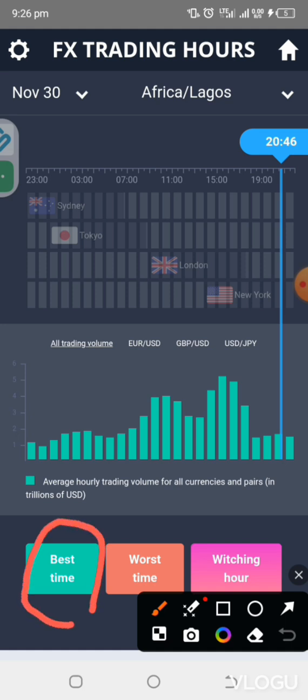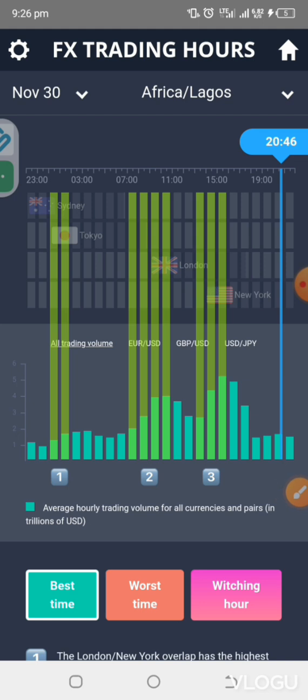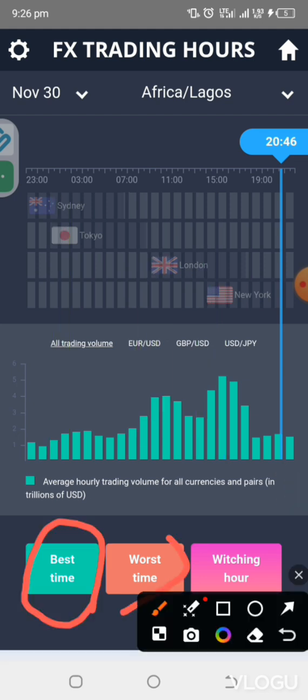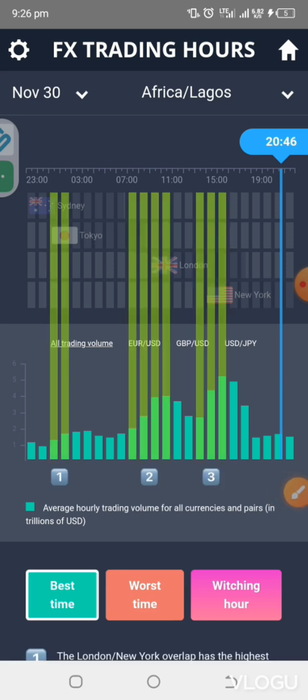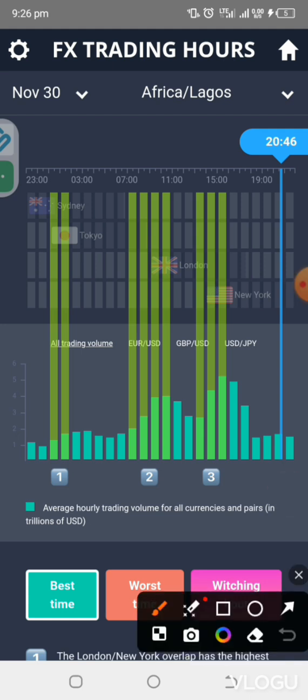So what we are looking for here is the best time to trade. If you look down here, you can see three boxes. First is the best time, the second one is the worst time. When you click the best time, the first box, you will see that it indicates three basic periods that are the best time, the periods when liquidity goes high in the market.